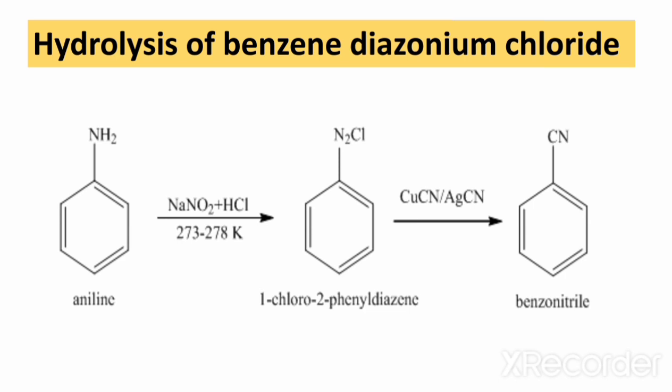When it reacts with sodium nitrite and HCl, hydrogen chloride, at a temperature of 273 to 278 Kelvin, it forms 1-chloro-2-phenyl diazine. Then it further reacts with copper cyanide or silver cyanide, and forms benzonitrile. So this is the hydrolysis of benzene diazonium chloride.